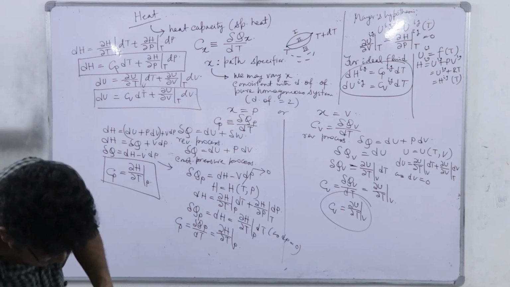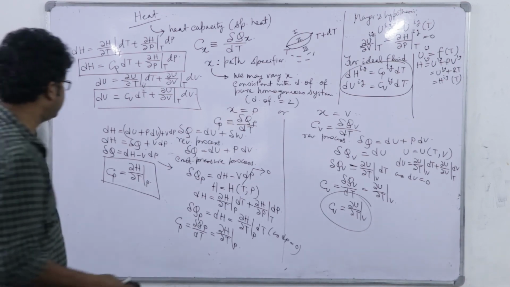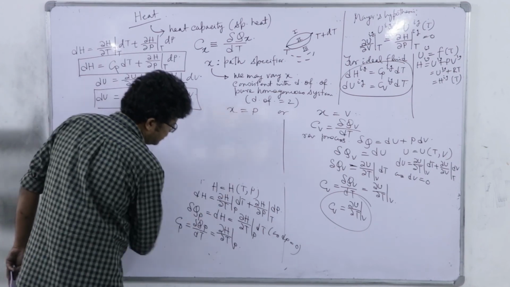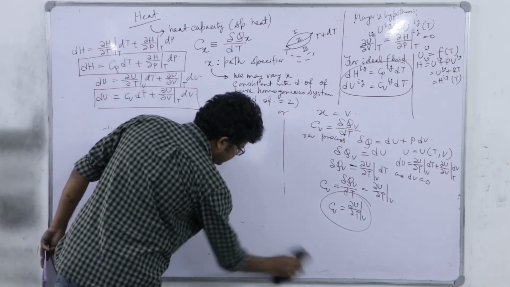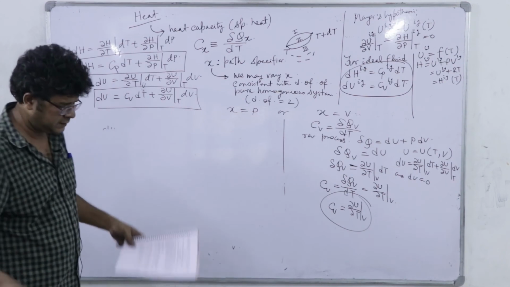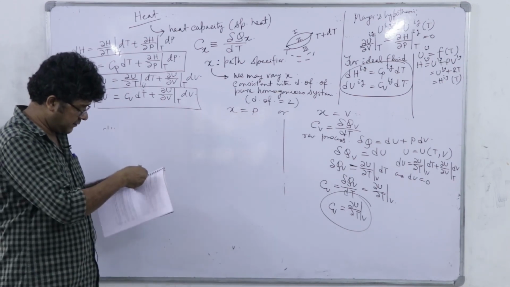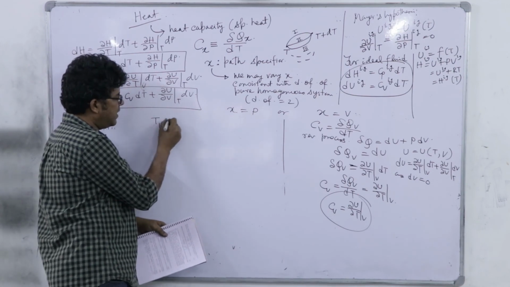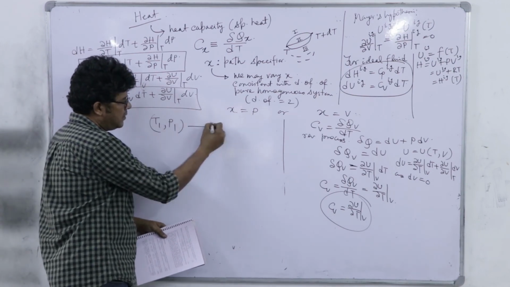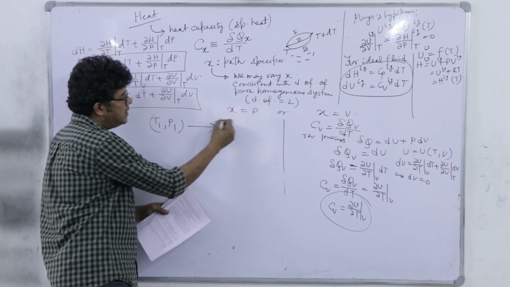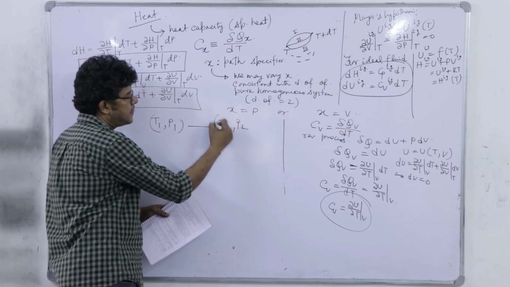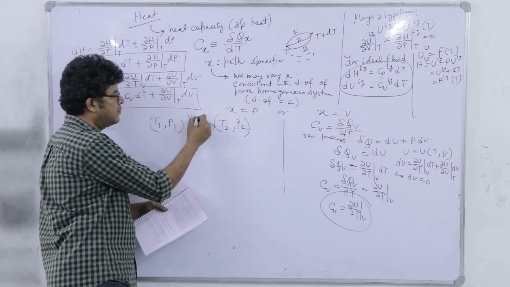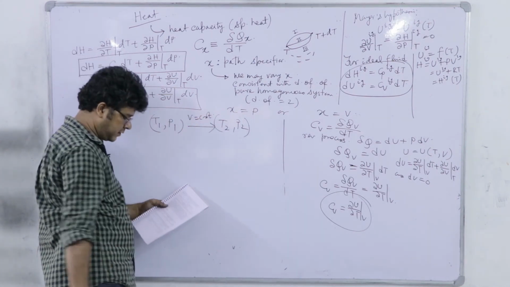Here is a great question of 2007, of 1 mark probably, I do not remember. See, the state of an ideal gas is changed from T1 P1 to T2 P2, right, under a constant volume process.